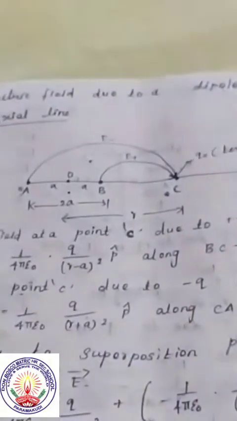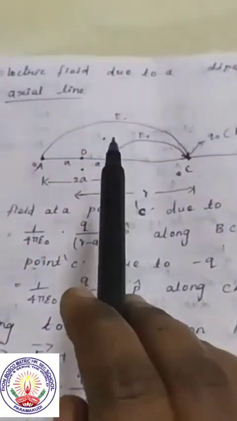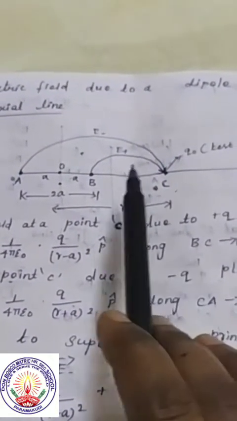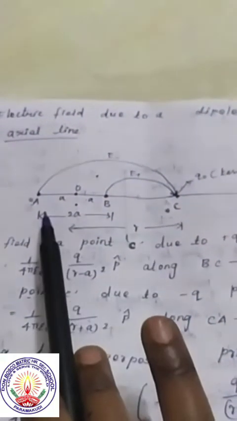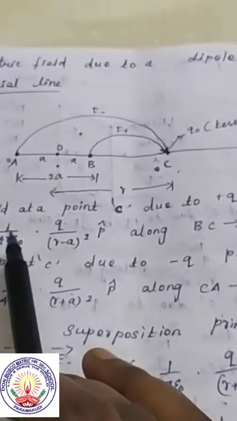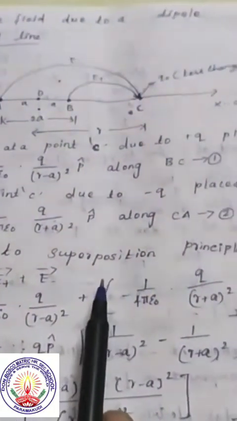This is the important question. Once again I'll repeat. So what is given? Electric field along the x-axis. First we have to take the lines PC and AC. Then next, what is the positive charge, what is the negative charge. Then we have to apply the superposition principle and add these two terms.